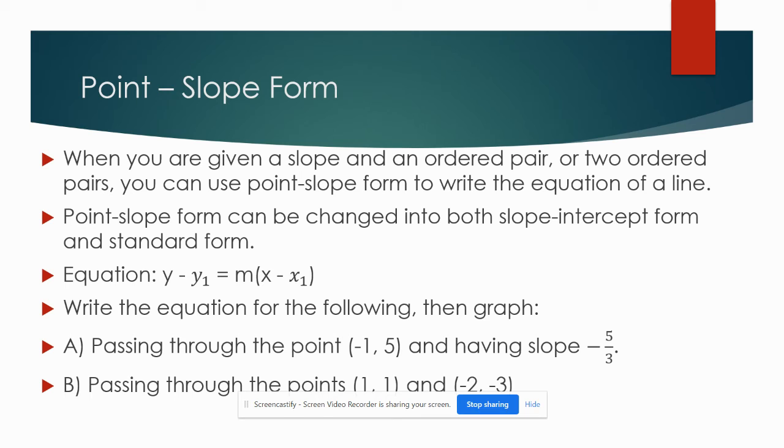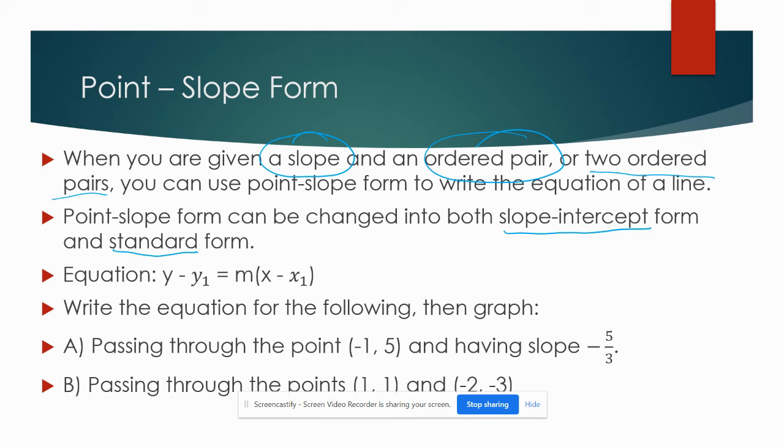Point slope form. When you are given a slope and an ordered pair, or two ordered pairs, you can use point slope form to write the equation of a line. Point slope form can be changed into both standard form and slope intercept form.